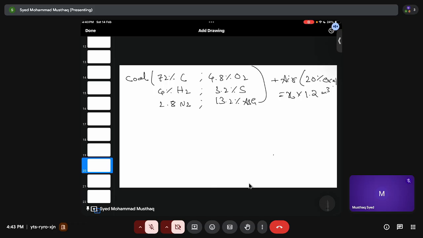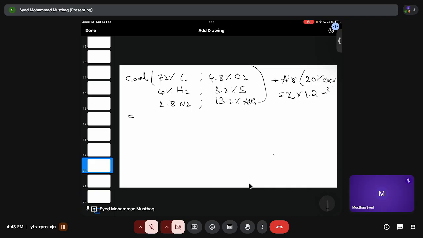Now I know what is my mass of carbon. Again, let's assume 1 ton of coal, or you can take 100 kg also, that will not make a big dent. Let's take 1000 kgs, or you can take 100 also. So let's take 100 for simplicity.